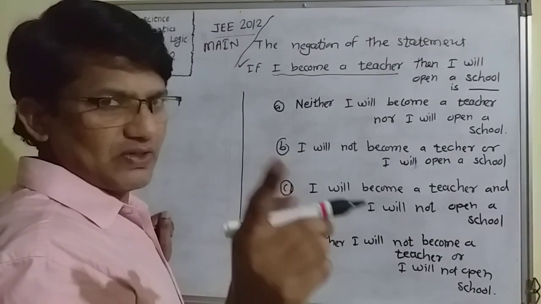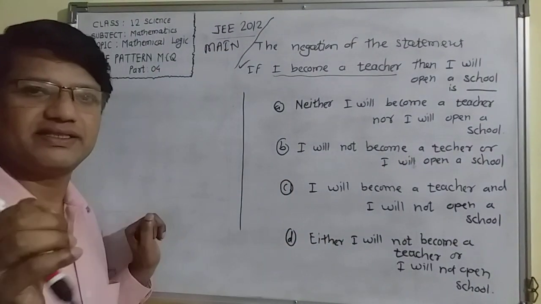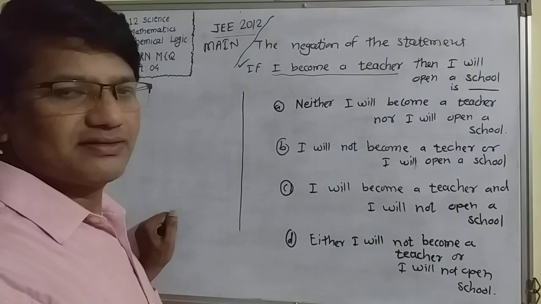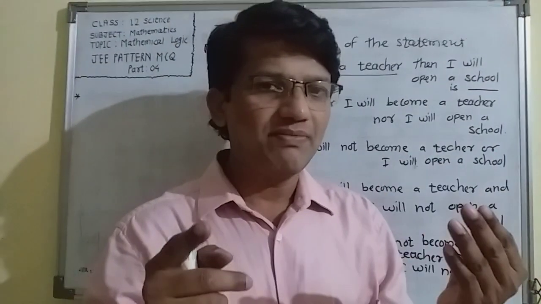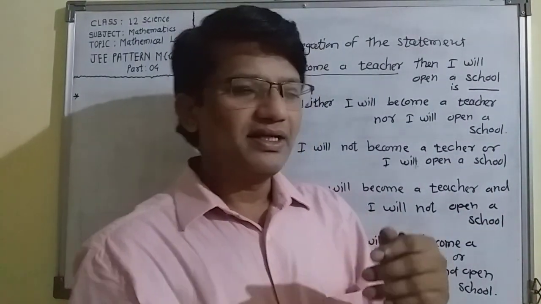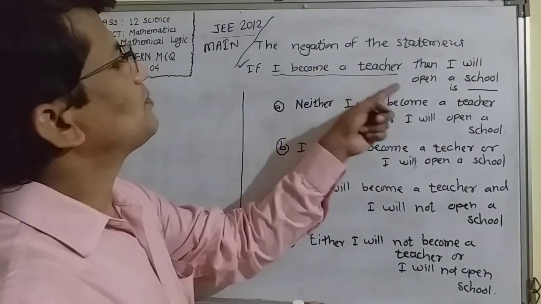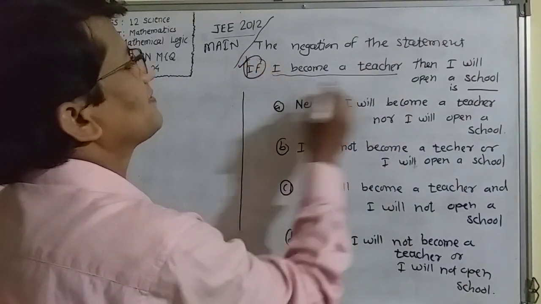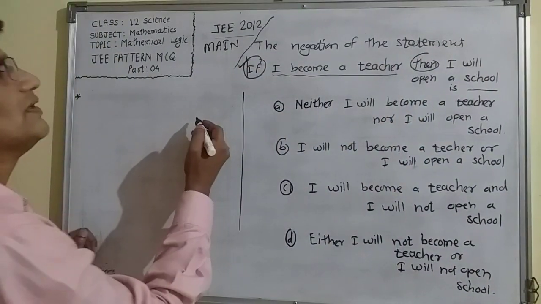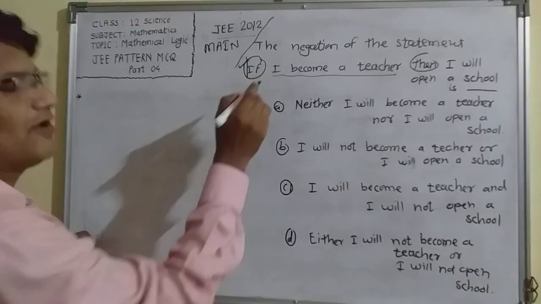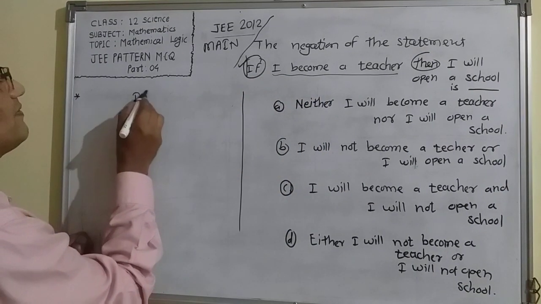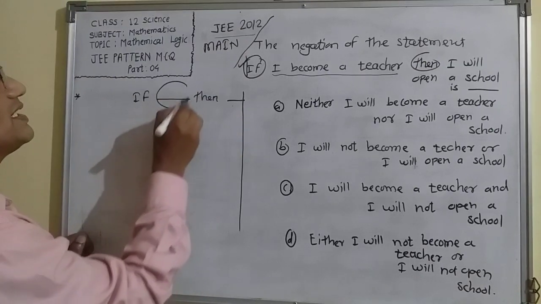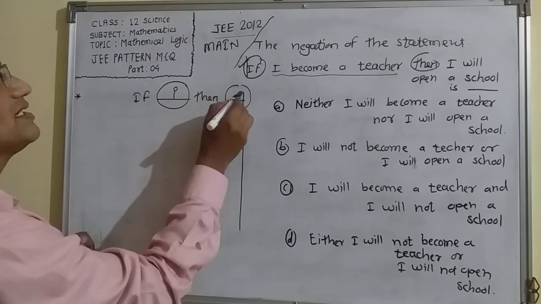It is a compound statement, and we have discussed there are 5 types of compound statement: conjunction, disjunction, implication, double implication, and negation. The full statement is given in if then form. Here is an if and here is then. So this is the implication form, and for the implication, here if, then here dash, here then, again dash. This portion is P, this portion is Q.